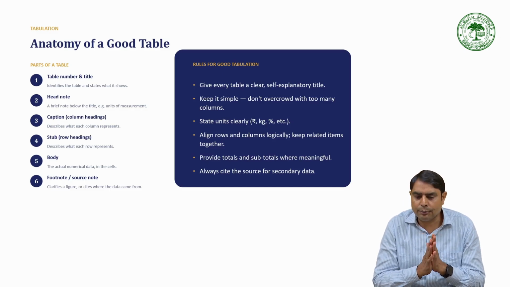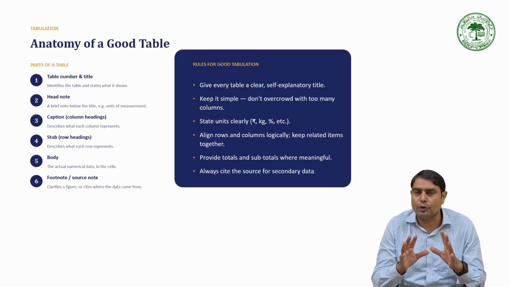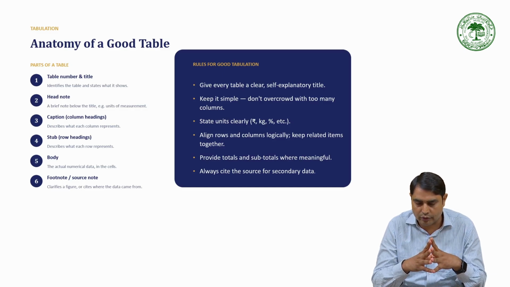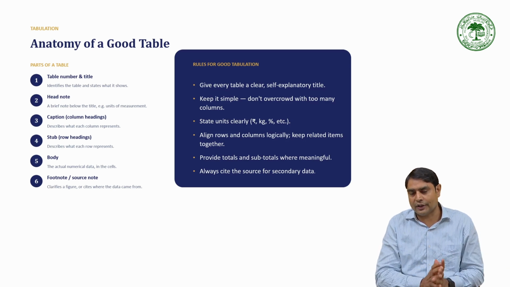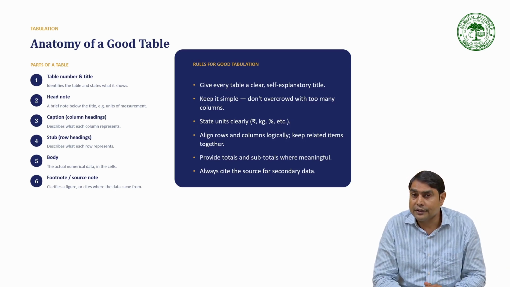Another important aspect of good tabulation is that it provides totals and subtotals of both rows and columns, so that a person can find out the total strength. And if you want to find the percentage of a particular item in a table, you can easily find it by comparing it with the total.